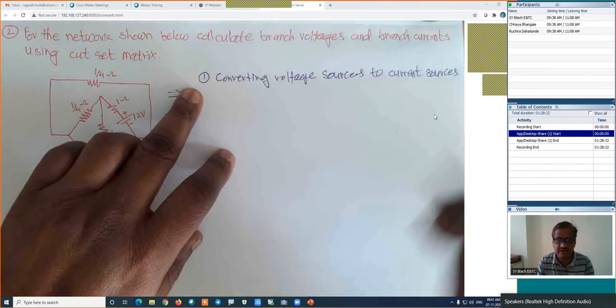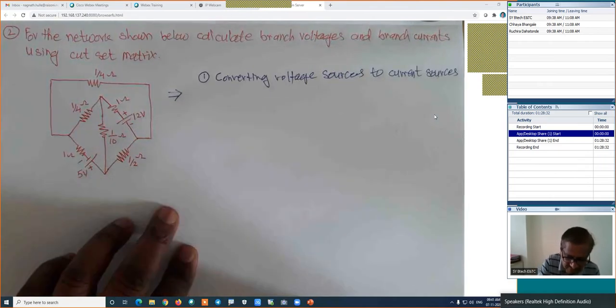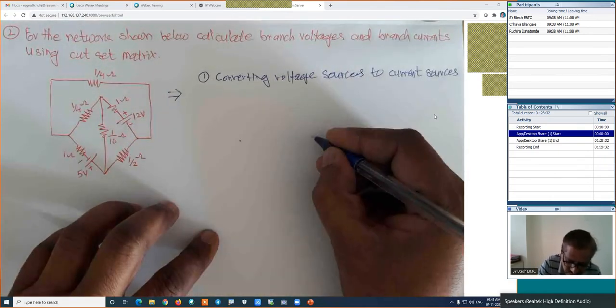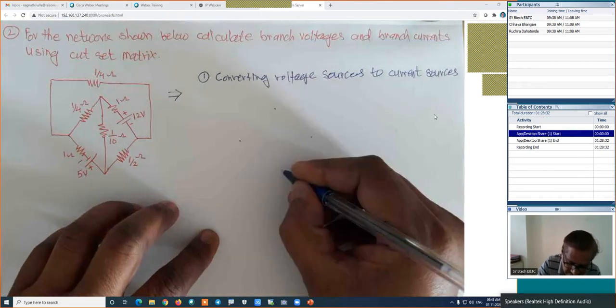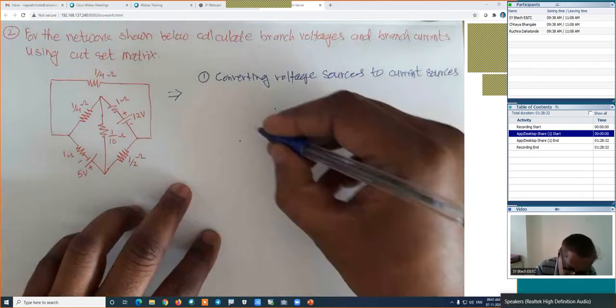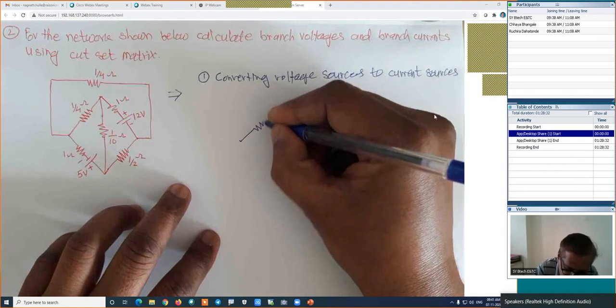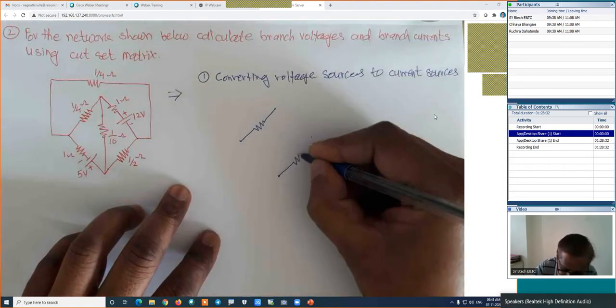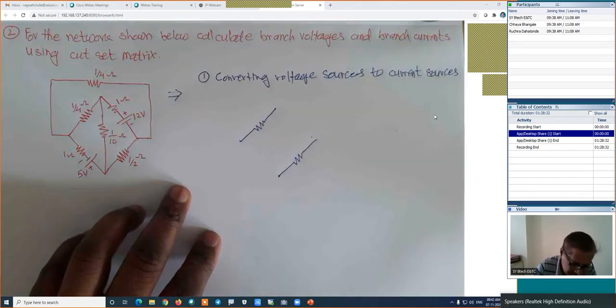This conversion I will do first, and I will redraw the figure. This is 1, 2, this is the third point, and it is the fourth point. I will keep this resistance as it is, as well as this resistance as it is, which is something like this.